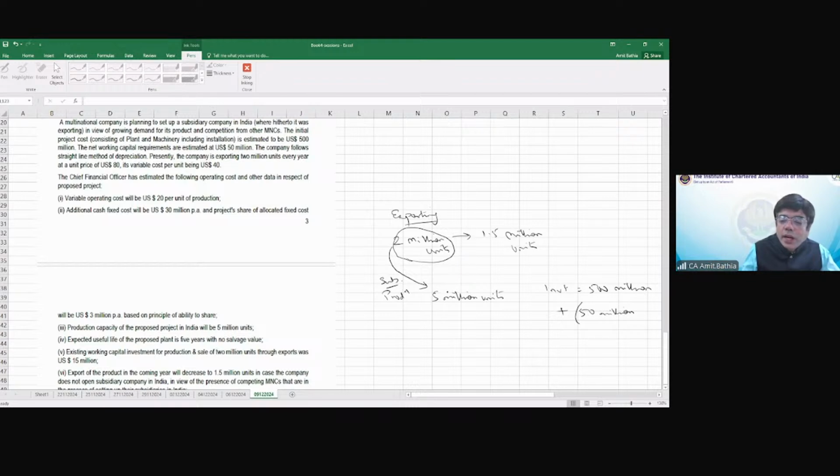So the 15 million, which was the working capital required in my existing business, will get freed up. So how much incremental investment will have to be done on working capital? 50 minus 15. Are you with me?